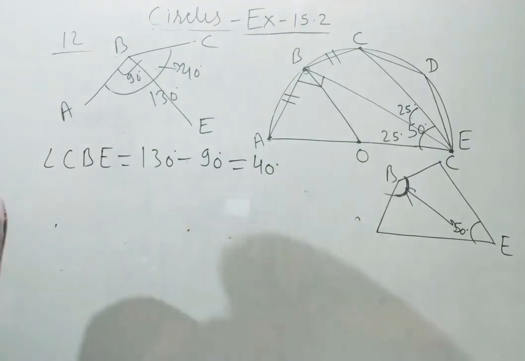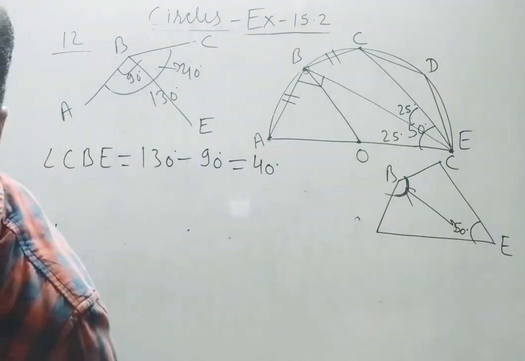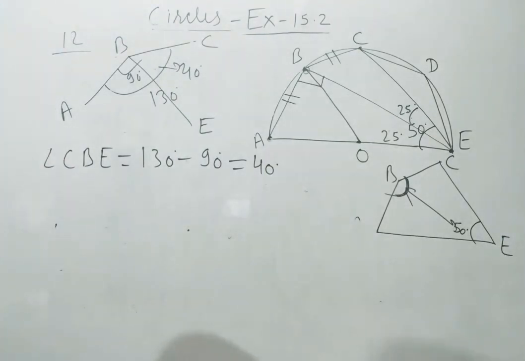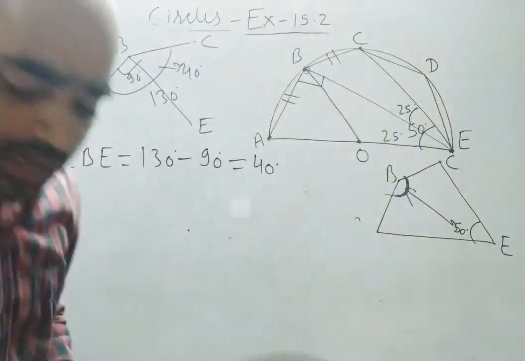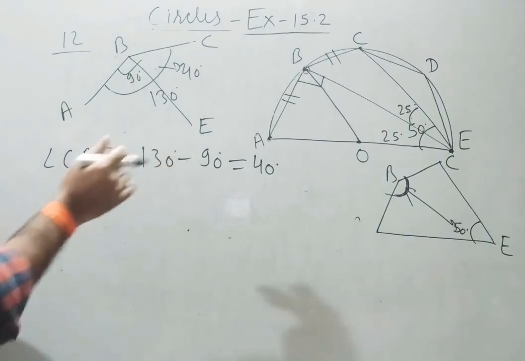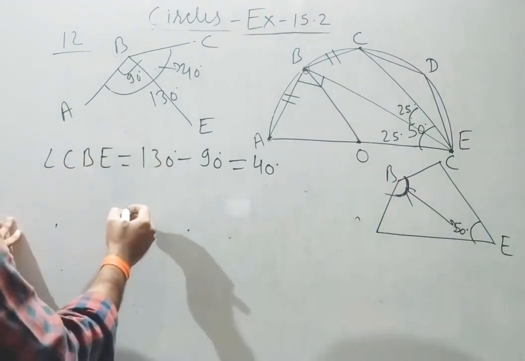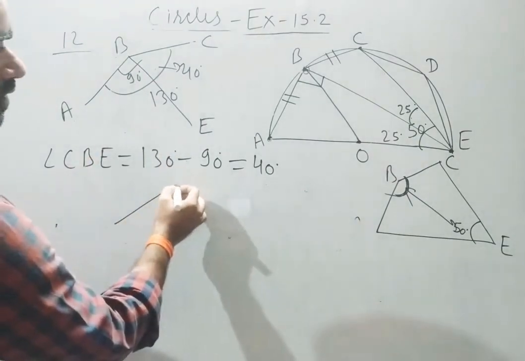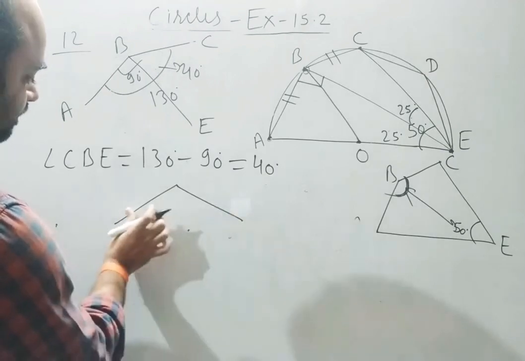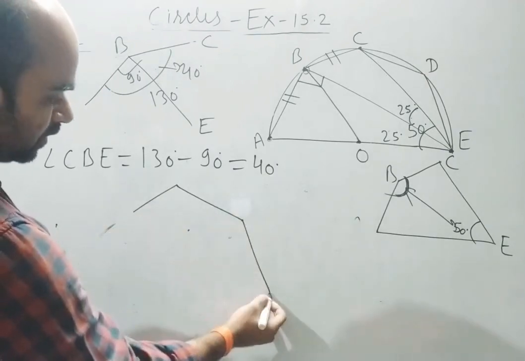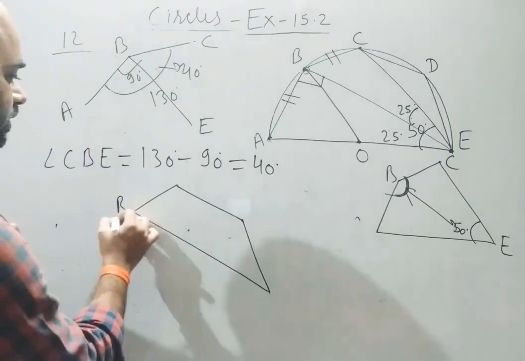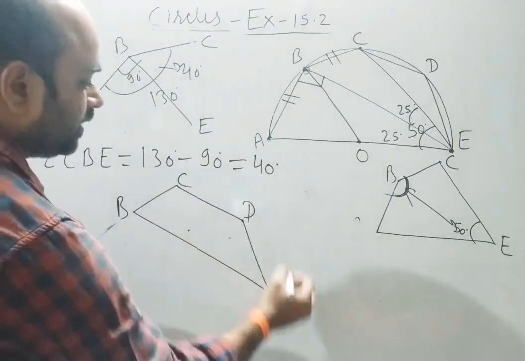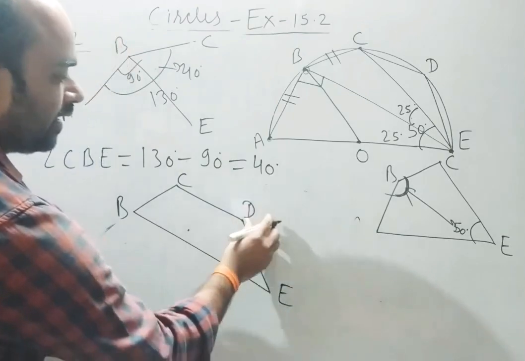Correct? First part. Then second part, we have to find angle CDE. Again, we are having one cyclic quadrilateral. Which one? See, I am taking this cyclic quadrilateral. So this is a cyclic quadrilateral. Why? B, C, D, E. Again, we require 4 points.